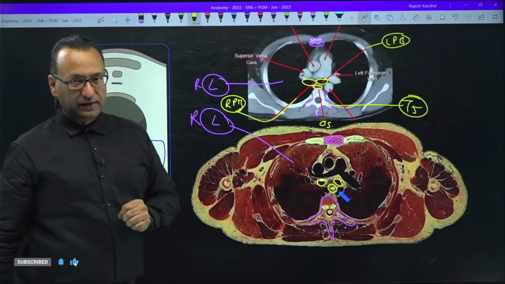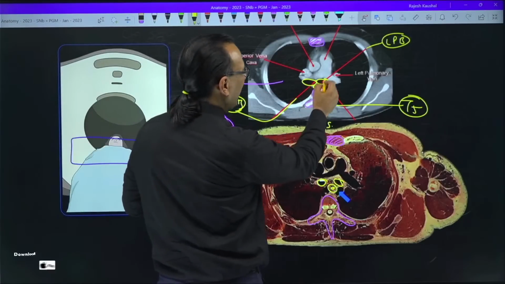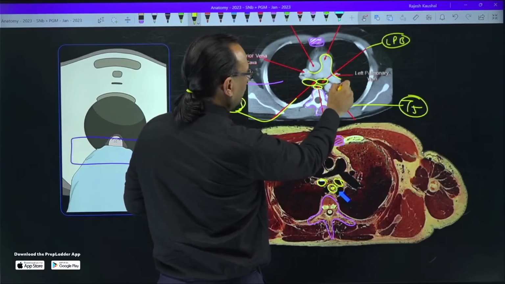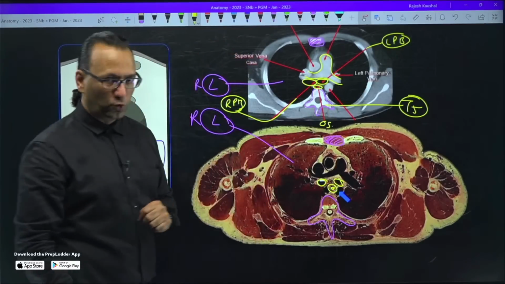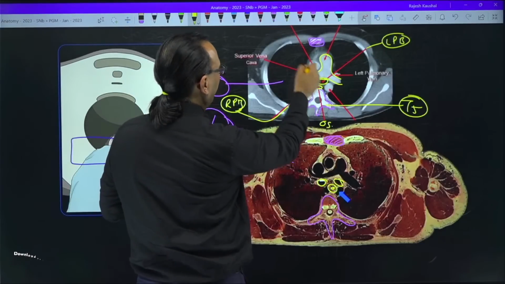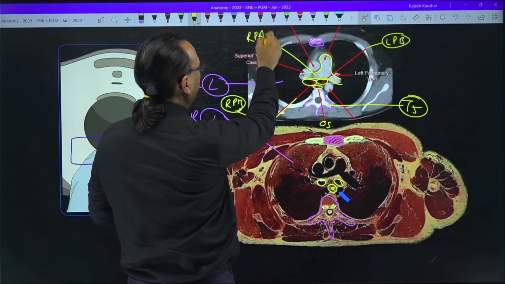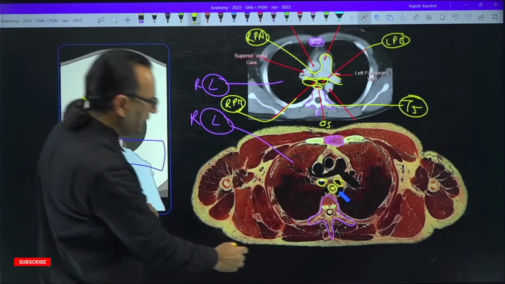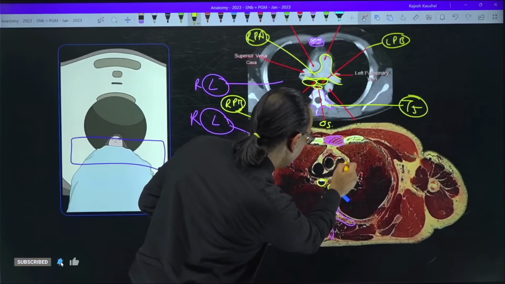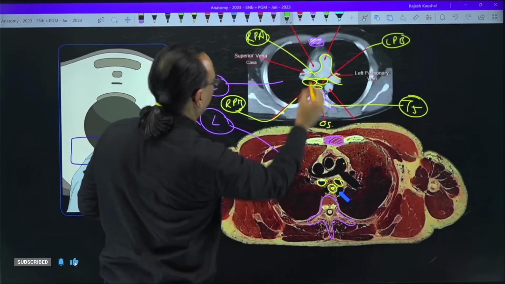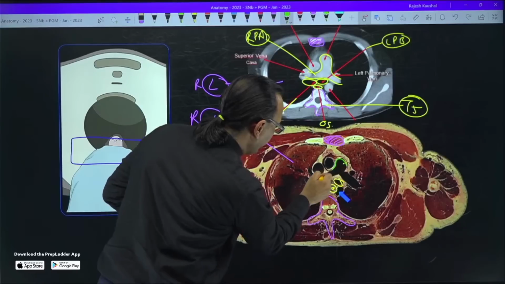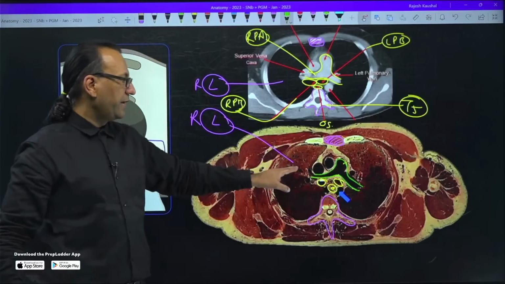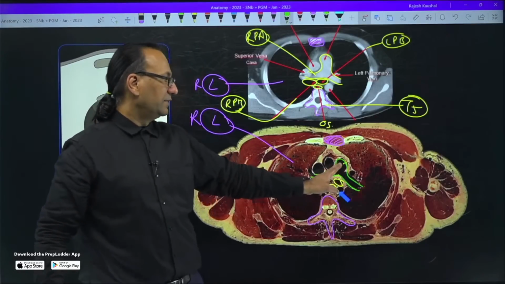What is in front of that? In front of that, I find pulmonary trunk bifurcating into 2. So if it is pulmonary trunk bifurcating into 2, this must be the right pulmonary artery because you are looking from inferior, this is right. Like you see, this is the pulmonary trunk dividing, and as the pulmonary trunk is dividing, right pulmonary artery, left pulmonary artery.